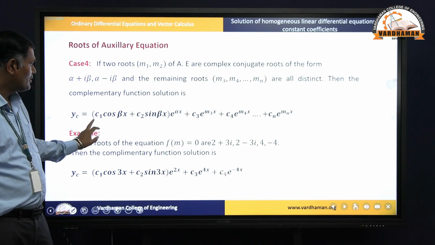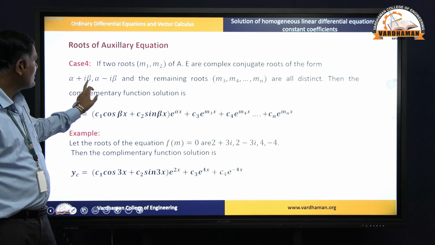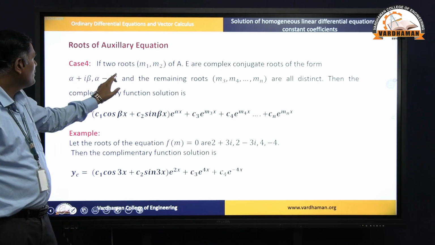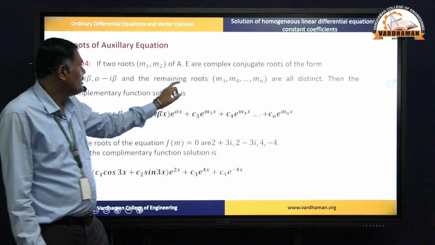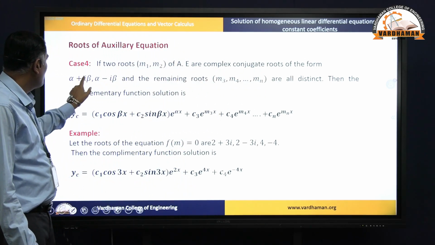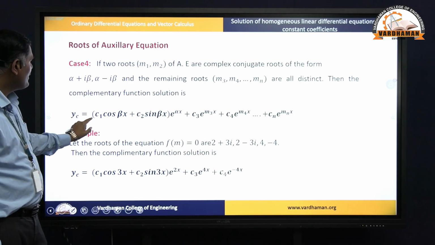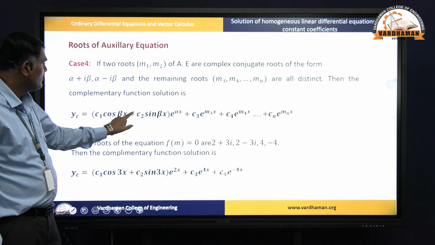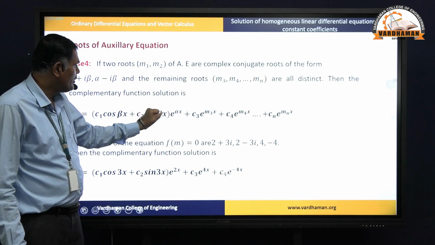Here we have taken 2 roots as alpha plus i beta, alpha minus i beta. Here we have taken these two roots as complex roots, and the remaining roots are real and distinct, let us say. So corresponding to these two roots, we are writing the solution like this: c1 cos beta x plus c2 sin beta x into e power alpha x.